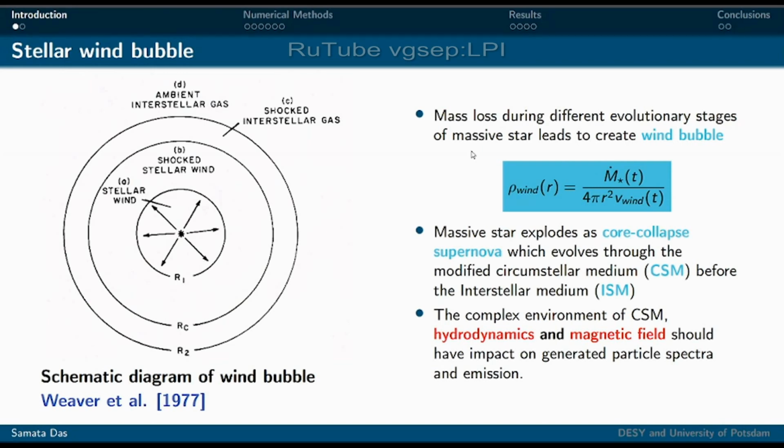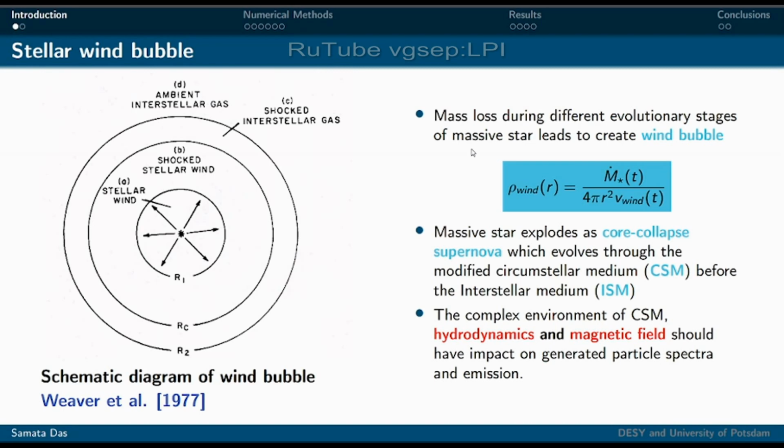In this way there are different regions in the stellar wind bubble. The inner region is filled with the free stellar wind, then the shocked stellar wind region, and the third region is the shocked interstellar gas, and the outer one is the unshocked ambient interstellar medium. That's how the stellar activity can modify the CSM.